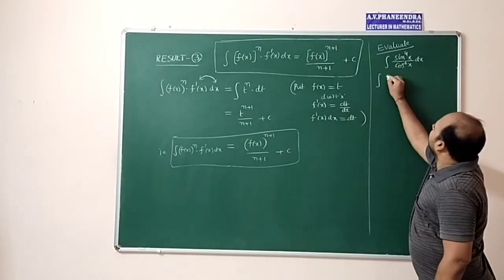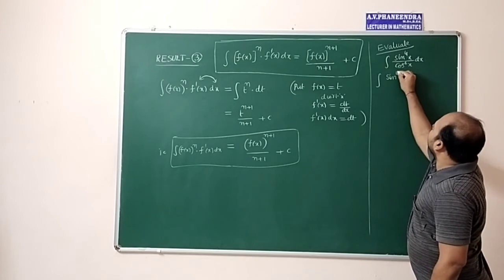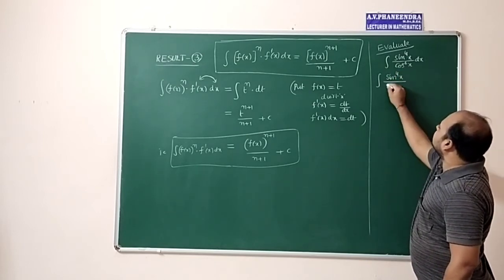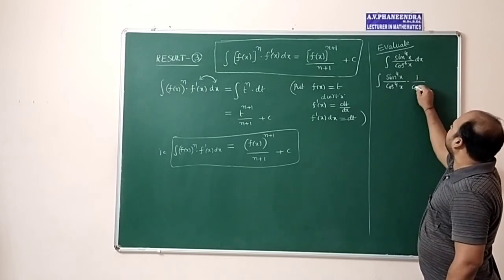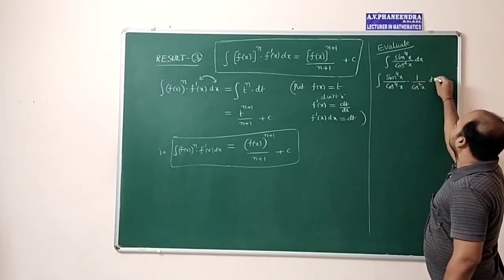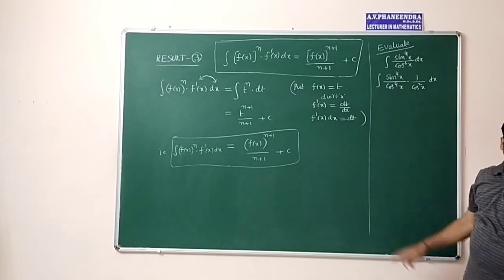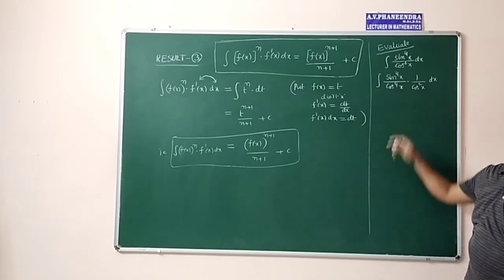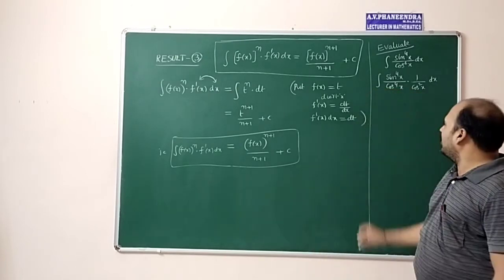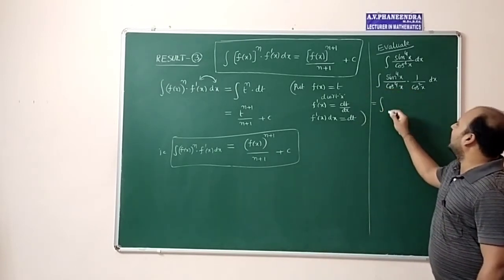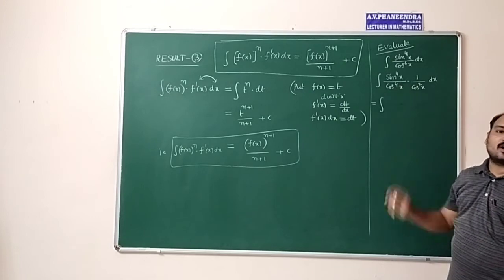So here, can we write like this? Sin power 4x divided by cos power 6x can be written as sin power 4x by cos power 4x into 1 by cos square x into dx. Cos power 6x can be written as cos power 4x into cos square x; bases are equal, powers added. Now this is equal to integral sin power 4x by cos power 4x.